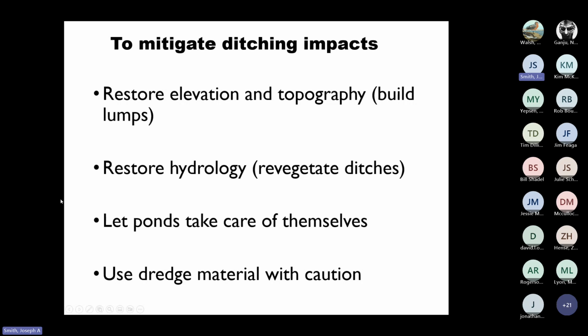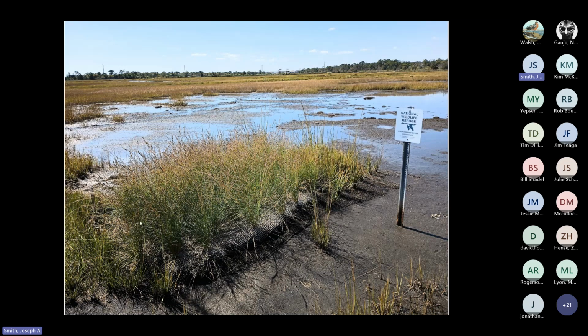And so, ending here, I just want to mention, I showed during the show and tell at our last meeting this lump that we created this year at one of our sites, which is, again, a proof of concept. This is a topographic feature that we created with municipal leaf compost, planted in May, and it did incredibly well.